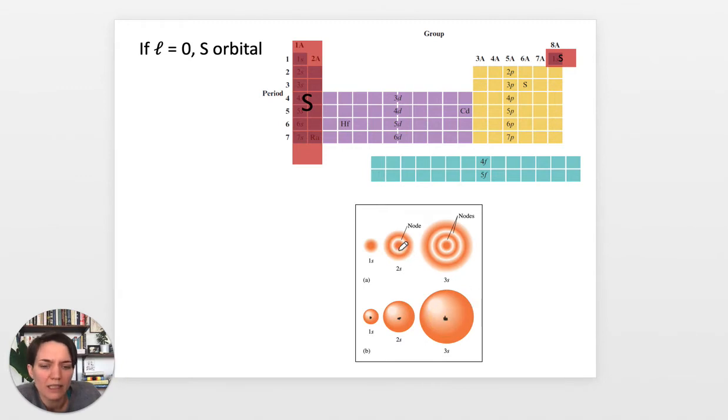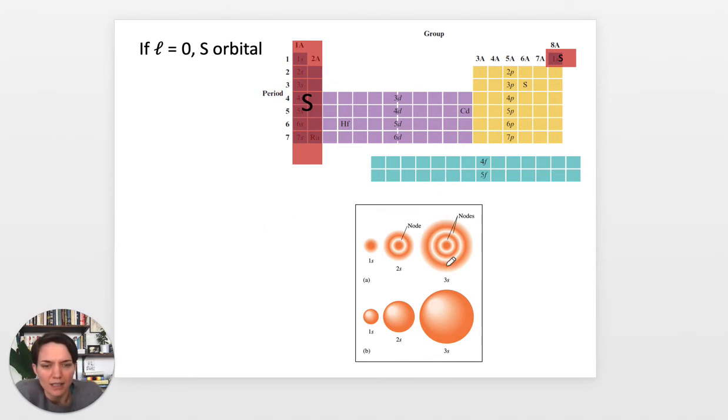And between our consecutive s orbitals, we have this area of very low, essentially 0, probability of finding an electron, and those are called nodes. That corresponds to the fact that electrons are orbiting the nucleus as standing waves. As such, they only have these discrete orbits that they can be in.